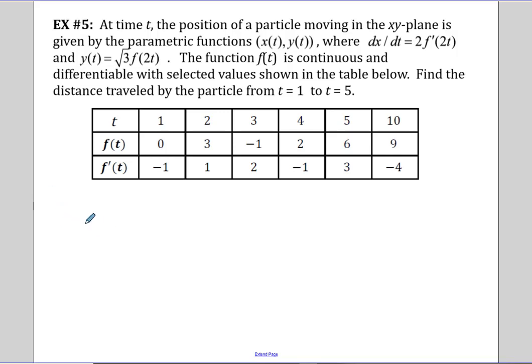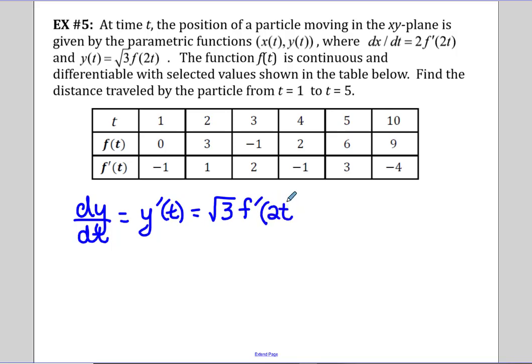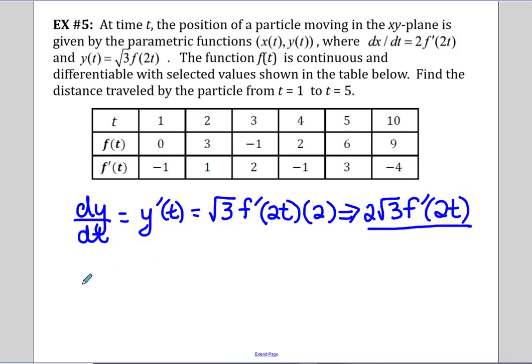So we need the derivative of y with respect to time, which is our y prime of t. And we got radical 3 f prime of 2t with the chain rule, so 2. So our derivative is going to be 2 radical 3 f prime of 2t. So we need this derivative.